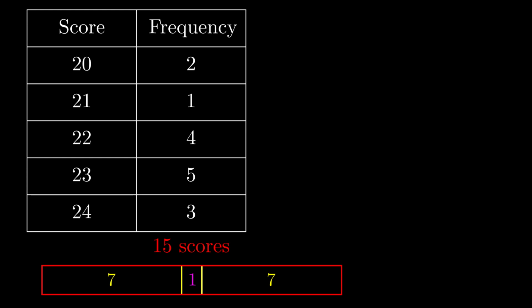It's going to be that 1 score sandwiched in the middle between the 2 7s, and what that tells you is that the median is just the 8th score, because you have 7 on the left, 7 on the right, and the middle one is the 8th score. What you've got to do now is count down the frequencies and work out what the 8th score is.